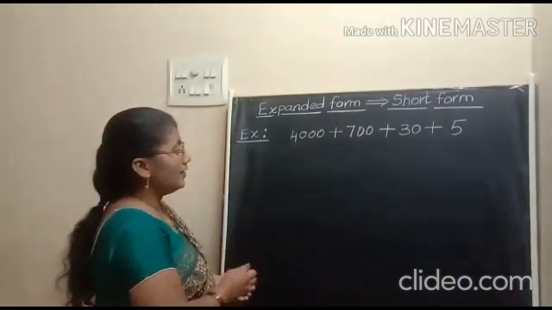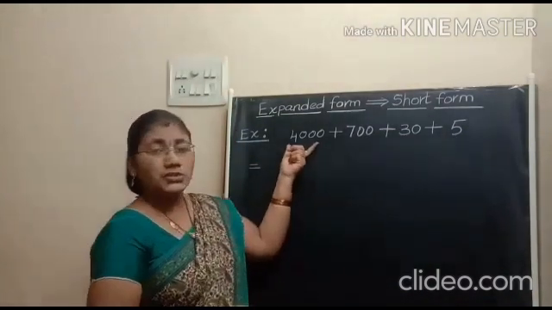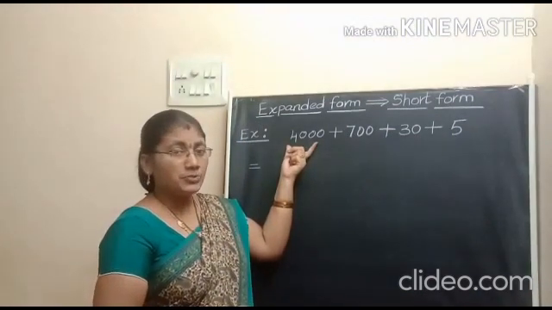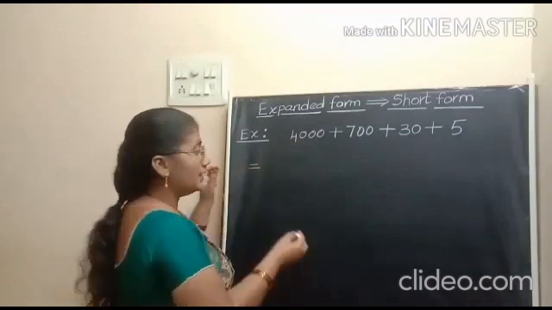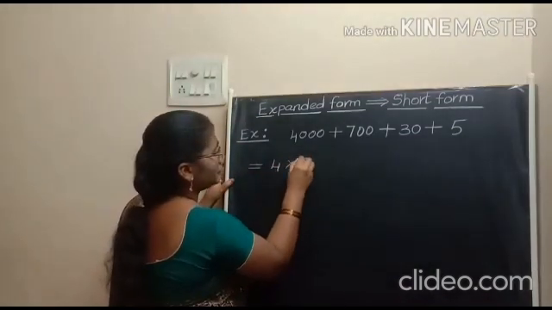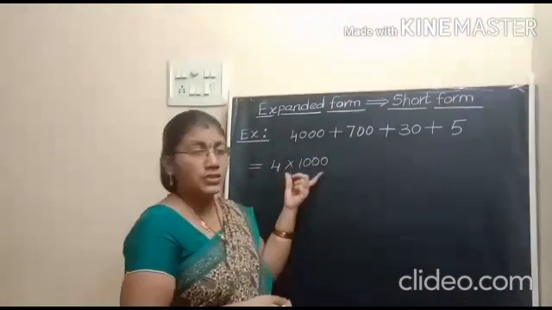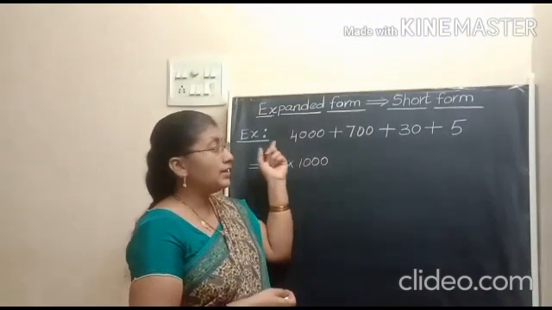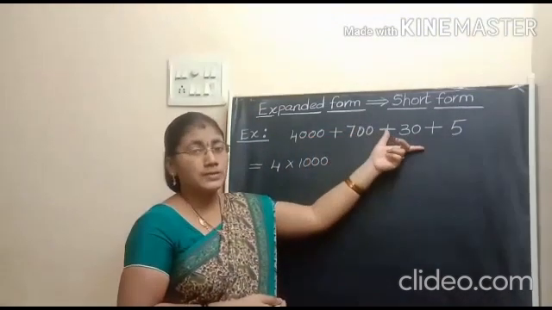Look here, children. By observing here, how many thousands are here? We have 4 thousands. Let us write those: 4 into 1000, 4,000.